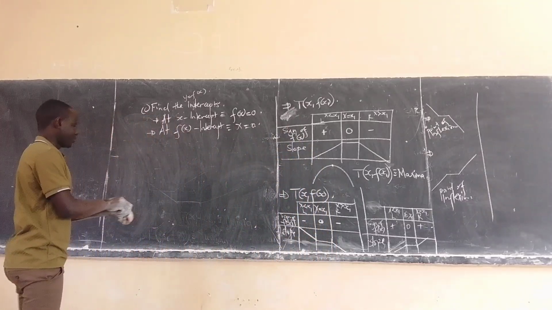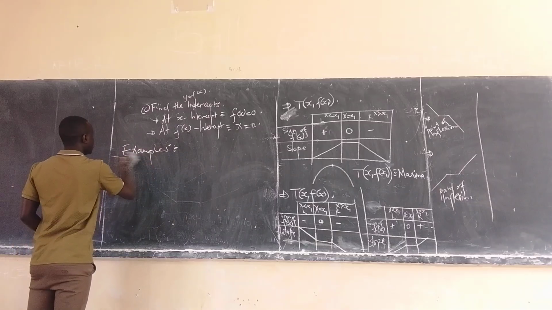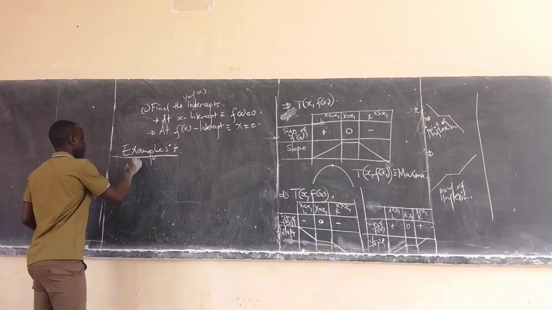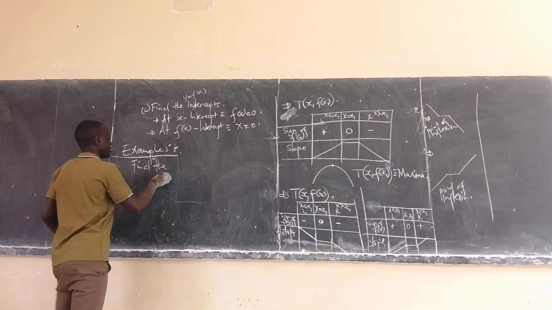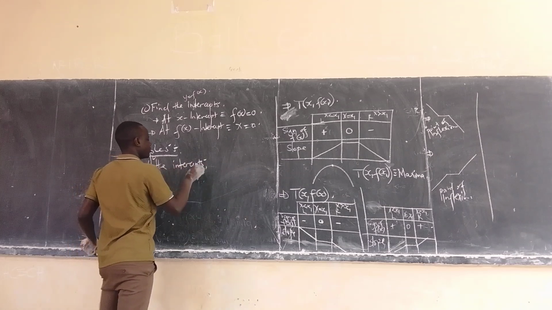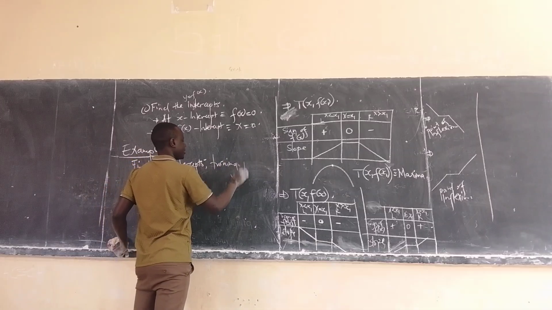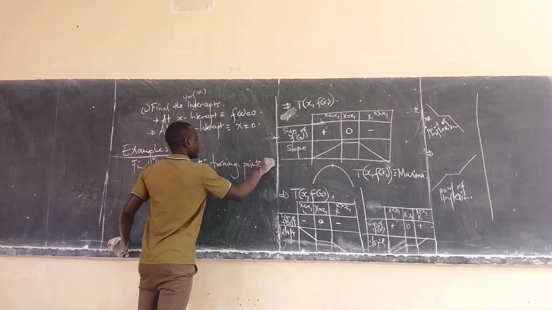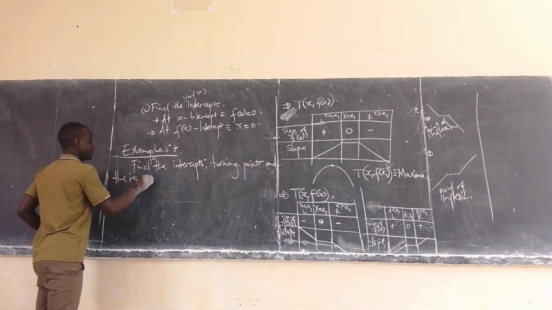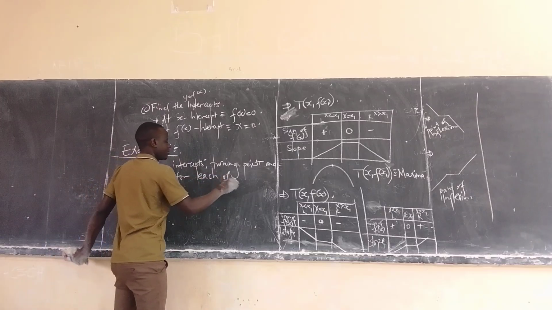So in our examples, they may say find the intercepts, turning points, and their nature for each of the following.